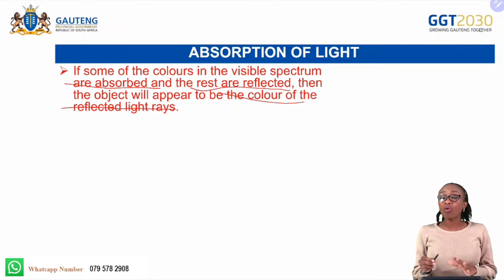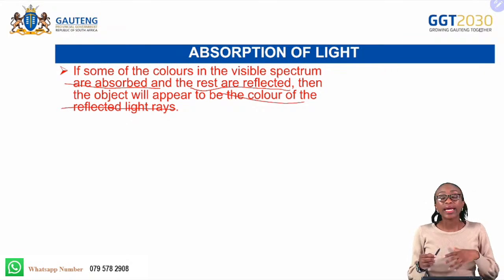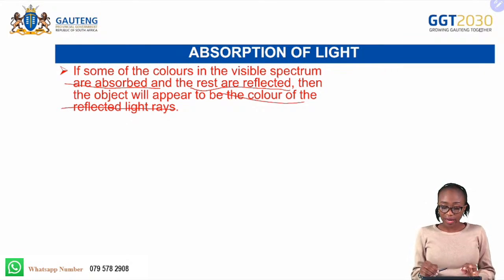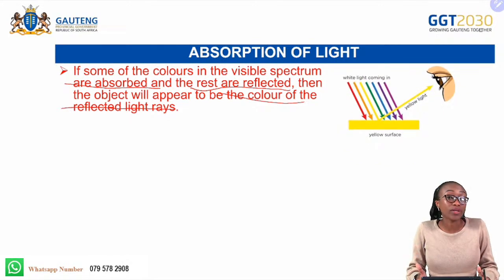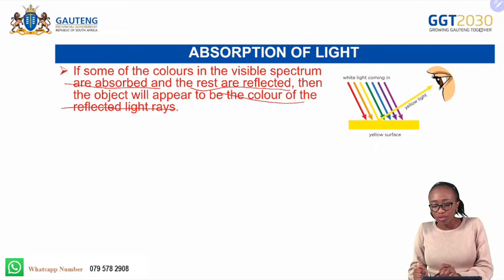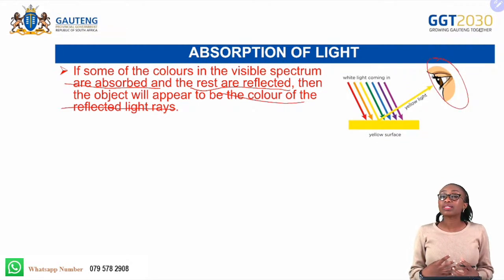Remember the white light has all the 7 colors, but for you to be able to see a particular color, it means that color is being reflected and is going into your eye. Let's pull up that diagram that I used in a previous example. So this person here is seeing the color yellow. Why is this person seeing the color yellow?